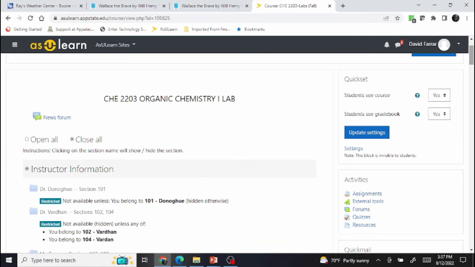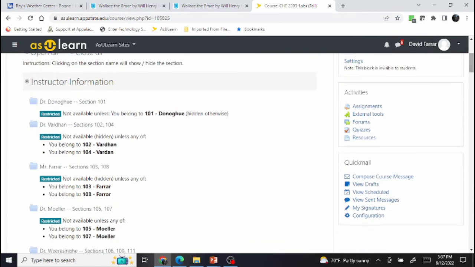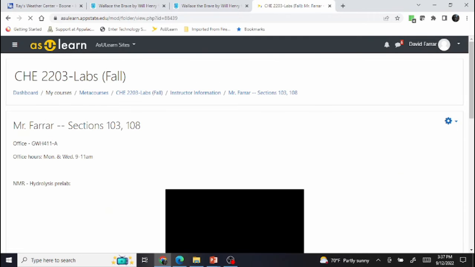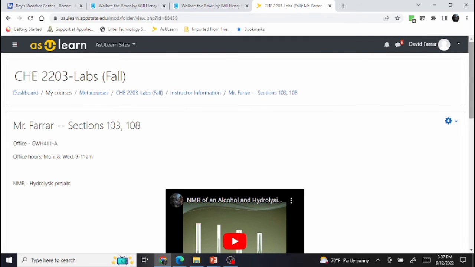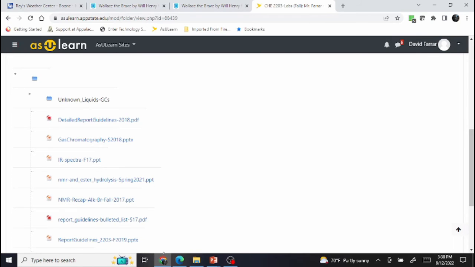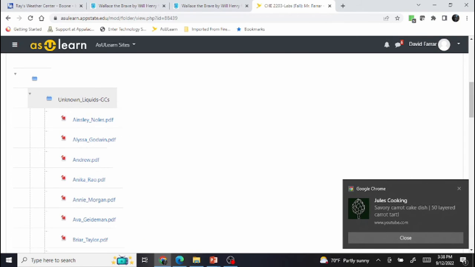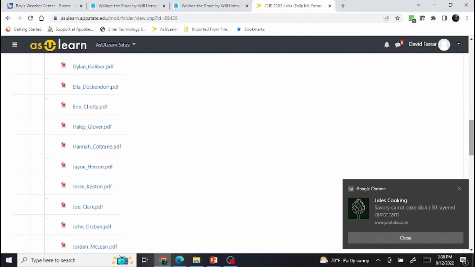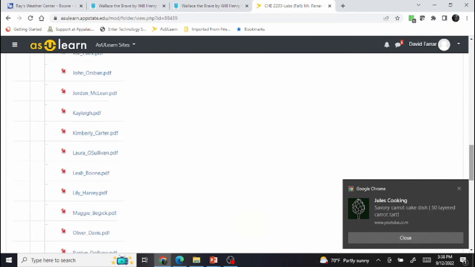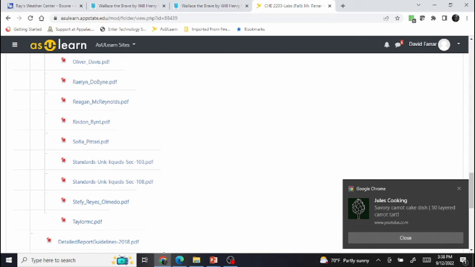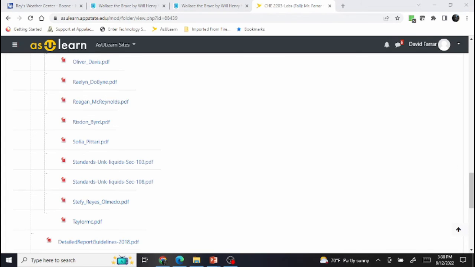So if you go on to As You Learn, you will find instructor information. I have uploaded standards. So if we come here, we can see unknown GCs. We click on that little arrow and it expands it, and we can see a list of the various chromatograms that are posted, as well as standards for two of my sections.